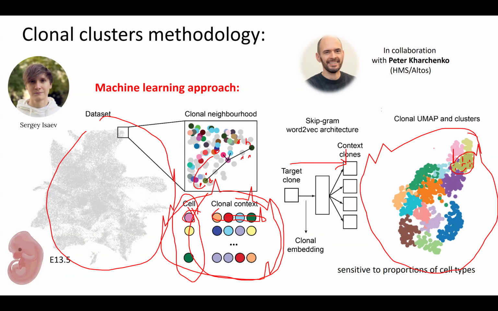So we call them clonal clusters. And now we can ask which genes drive this variation of the clonal classes, why some of them are more discrete and some are more continual, and so on. So we can really go and do some kind of anatomy of these clonal classes, and we can extract gene expression programs and molecular mechanisms that make clones in different places at different time points more or less similar to each other.